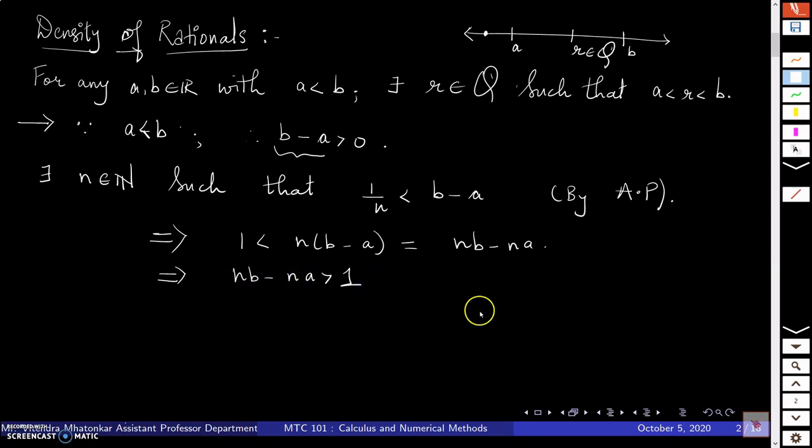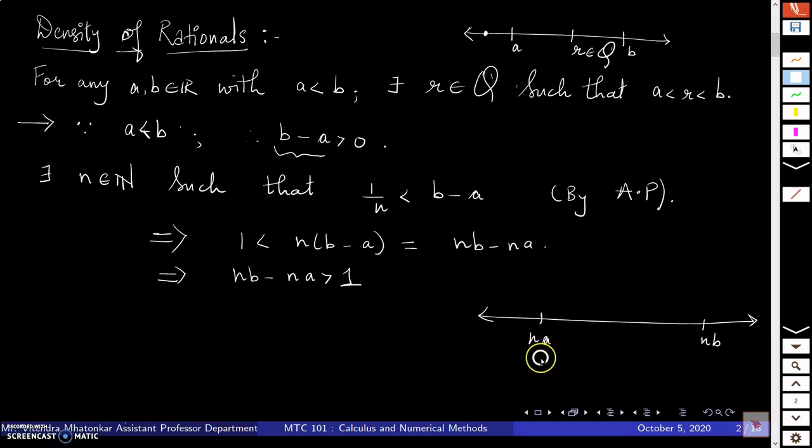So if I plot them on the number line, na will be somewhere here and nb will be somewhere here, and the gap between them is more than 1 unit. It could be anything more than 1. So this is what I know from this part.